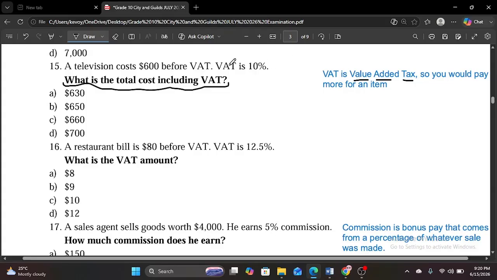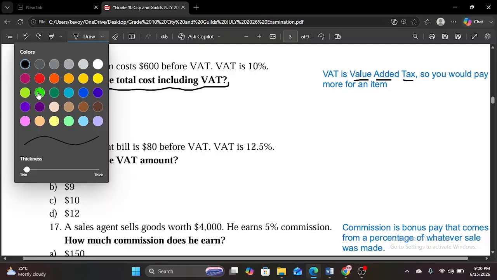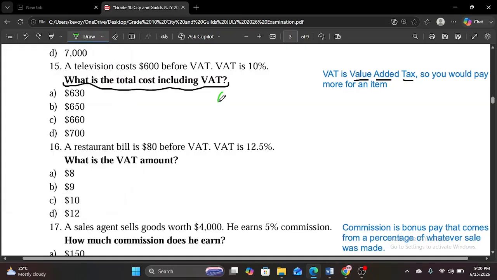All right, so 10% of 600, that's going to be 600 times 10%. Let's write that down. So that's going to be 600 times 10%. That's 10 over 100.